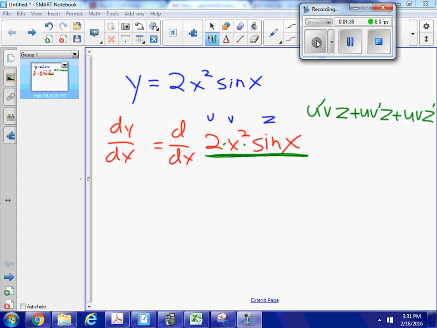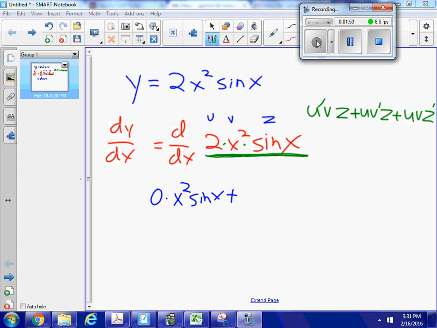So u prime, well, the derivative of 2 is 0. So it's 0 times x squared sine x, plus now I have u times the derivative of v and then z.